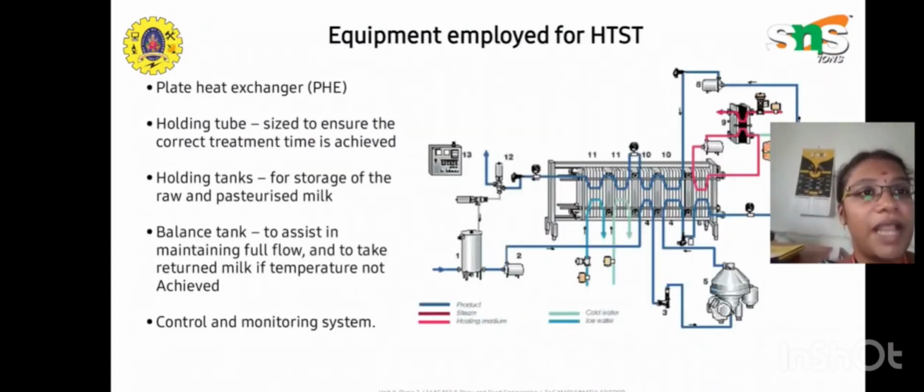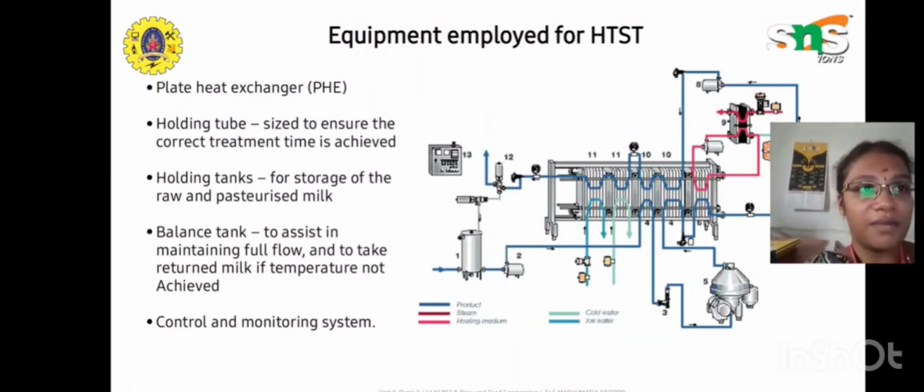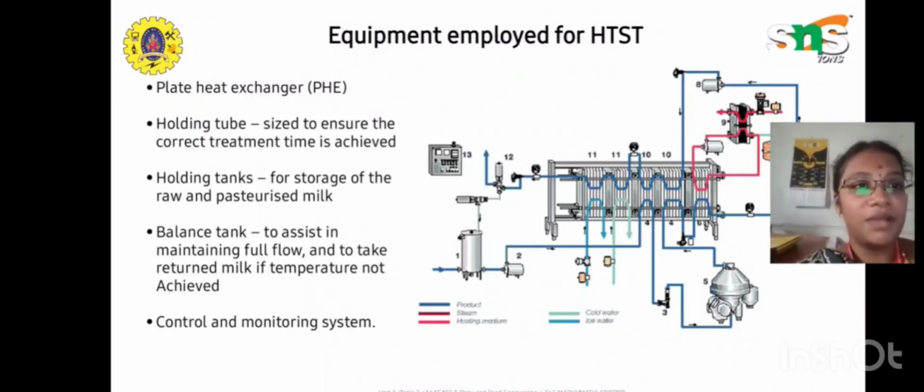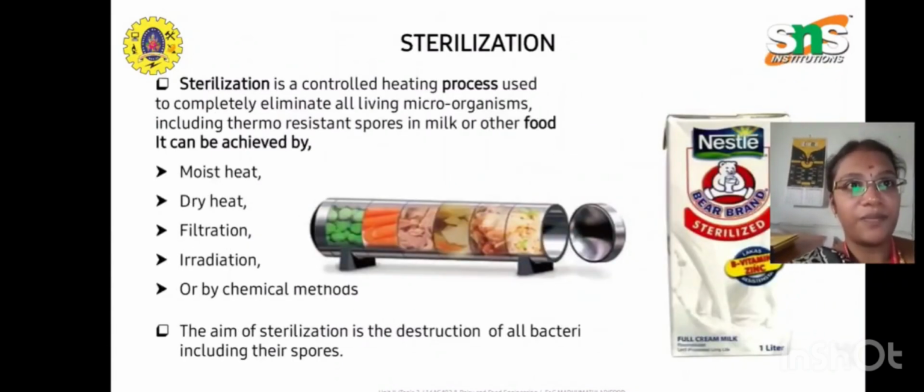This is the plate heat exchanger, the equipment used for the HTST method. It has holding tubes, a balance tank, and a control and monitoring system, present mainly to ensure that the milk is properly pasteurized at the various stages.